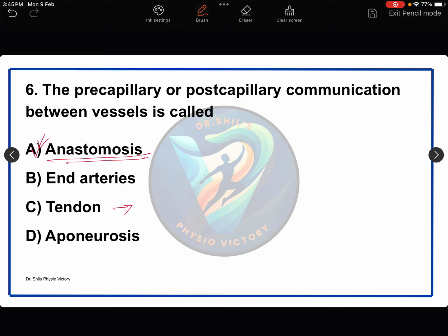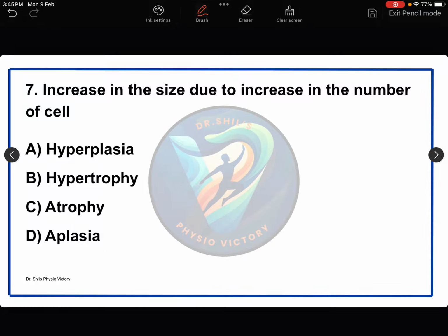Tendon basically connects muscle to bone. Aponeurosis is flat tendons.